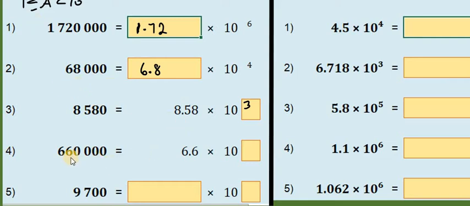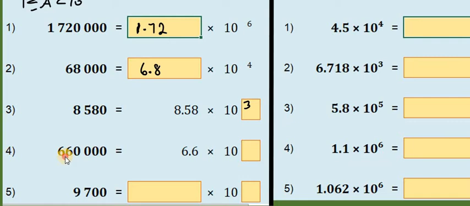And if we go down to this one, 660,000, the point is after the first non-zero digit, right? So it's now a number between 1 and 10, as in 6.6. But to get back to the original number, which is going to be 660,000, we'll need to multiply by what power of 10?